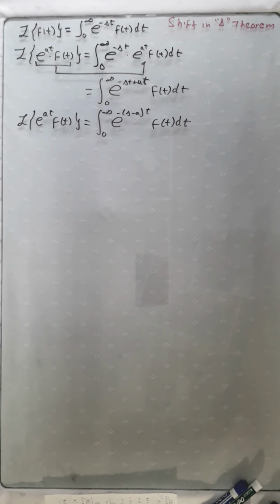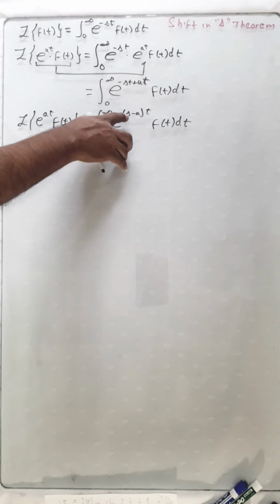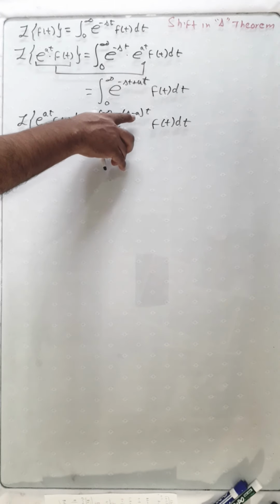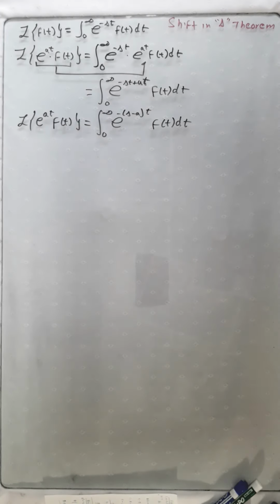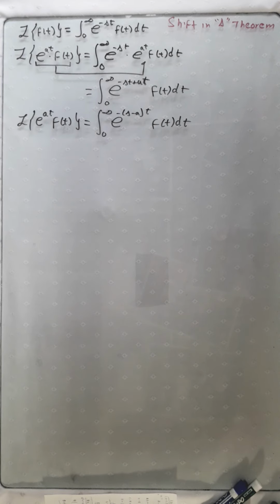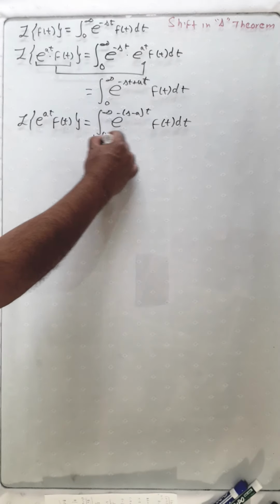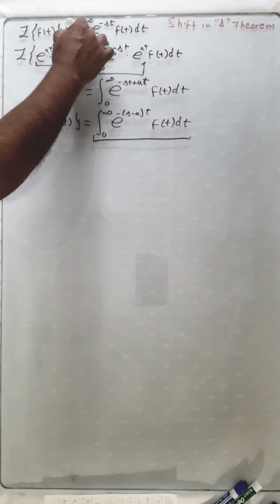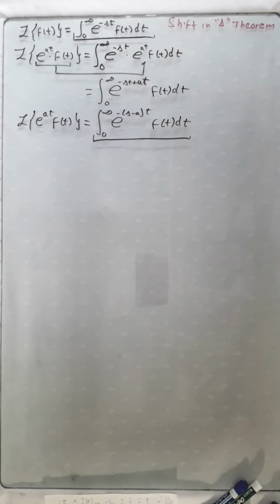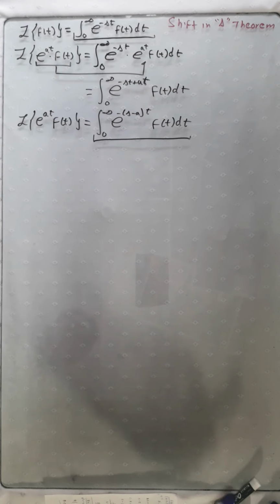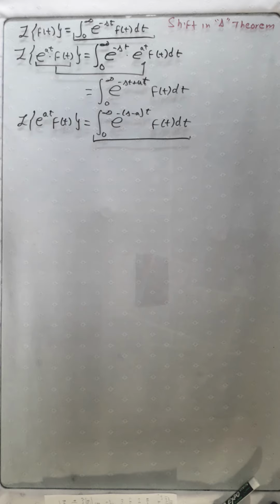Okay, now at this point we factorize the minus, so minus times s, and minus times minus, the positive. Now here comes the special step. How similar is this compared to the definition? We have the same integral, from 0 to infinity.